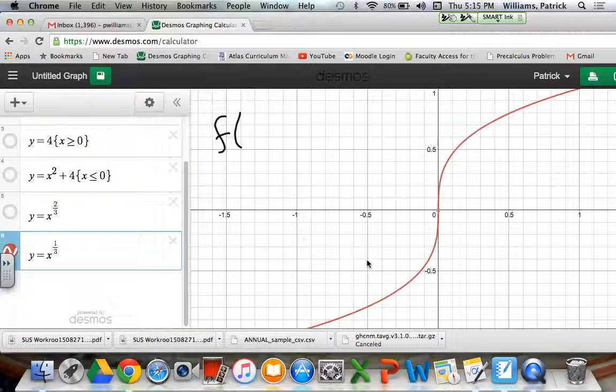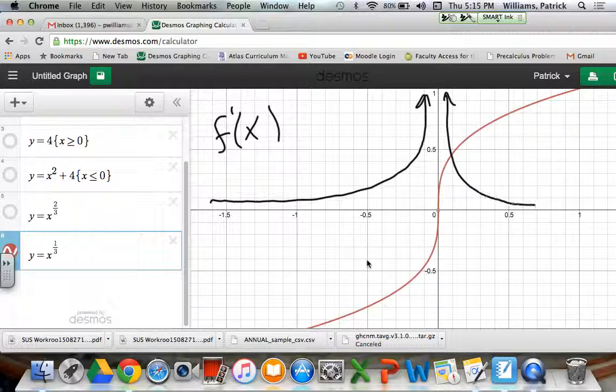We'll say this line is f prime of x, and it would look something along the lines of this. Okay? It's approaching positive infinity at both points. However, the problem is that differentiable is kind of another way of saying our derivative function is continuous. And in this case, we have a big old discontinuity right there in the graph of our derivative. So therefore, this is not differentiable.